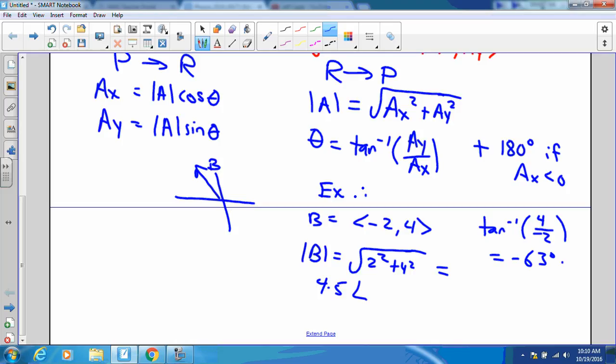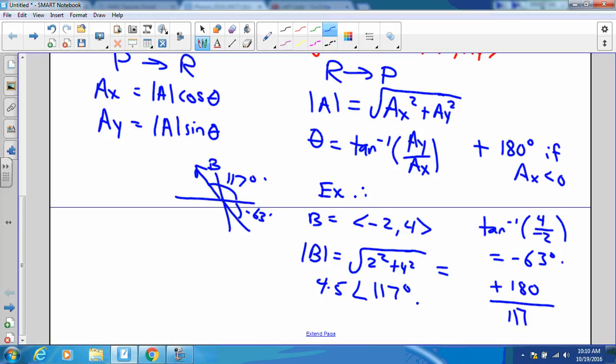But the angle that I got was negative 63 degrees, which is down here. That's clearly wrong. And this is the circumstance in which I need to add 180 degrees in order to get the correct angle, so that I get 117 degrees, which is now the right angle.